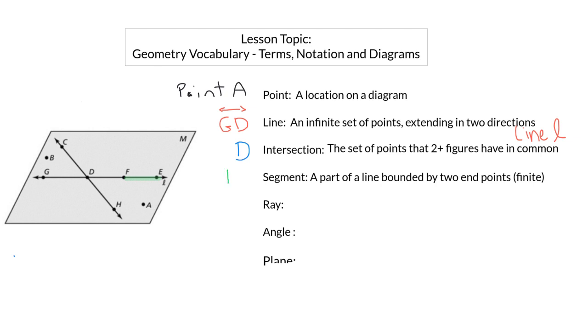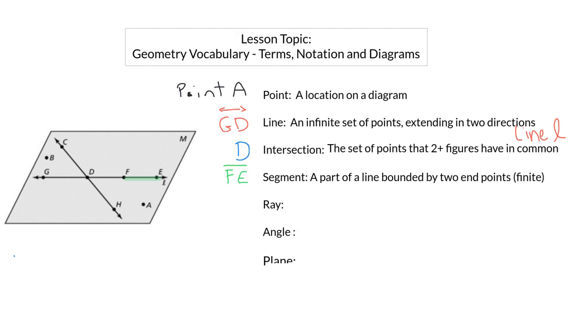And we would notate that by writing FE with a segment over top of it. So that's segment FE. I could also call that segment EF. But notice I can't call it anything else because I can't use the letter D this time. Remember how I told you this line could be named in a lot of different ways. This segment can only be named in 2 ways.